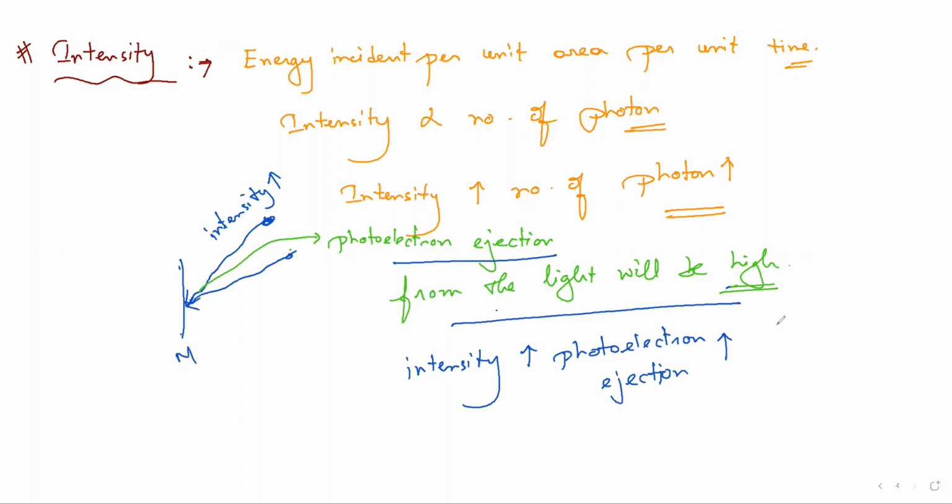If the photoelectrons increase, that means more electrons travel from cathode to anode, so the photocurrent also increases. Any doubt regarding this part? Clear up to here? Yes, sir. Okay, just write it down.